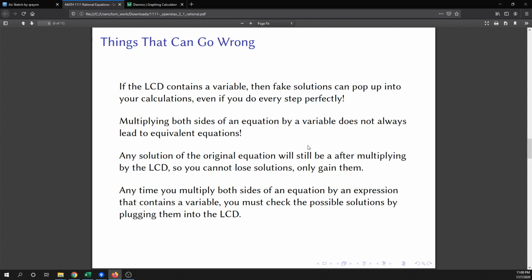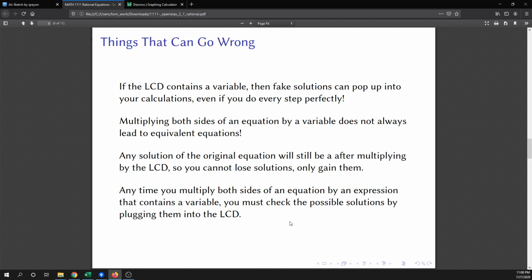So when you multiply both sides by an LCD that has a variable in it, you don't know ahead of time whether that's equal to zero or not. So what you've got to do is go back and check your solutions. At the very least, check your solutions by plugging them into the LCD. If they make the LCD equal to zero, then you have to throw those solutions out.